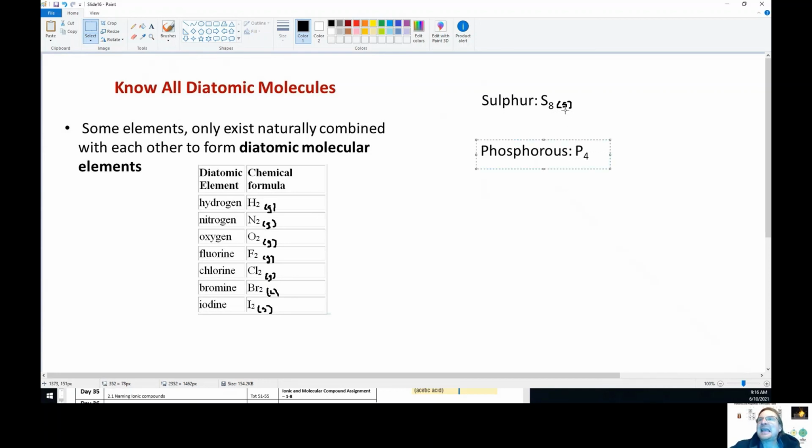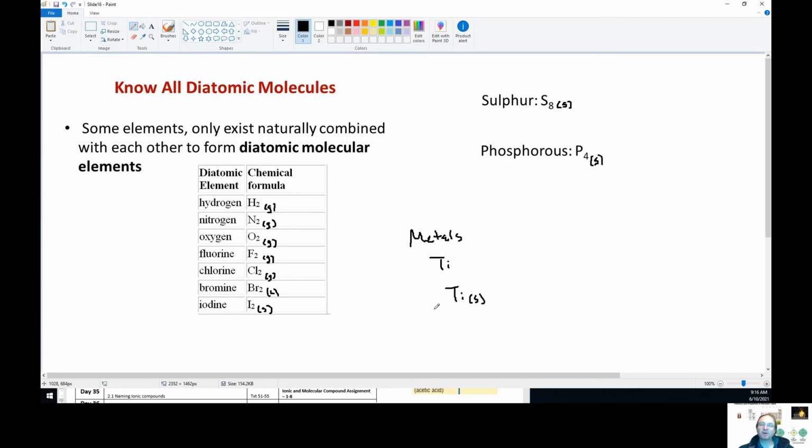Sulfur is S8, solid. Phosphorus is P4. Why are they this? Well, they're stabilizing their valence electrons. It's just how they need to be. Everybody else is monatomic, right? All of your metals. So you read any metal, look at, I don't know, this one, titanium, Ti.